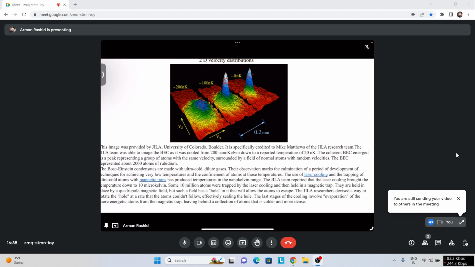They are held in place by a quadrupole magnetic field, but such a field has a hole in it that will allow atoms to escape. The JILA researchers devised a way to rotate the hole at a rate that the atoms could not follow, effectively sealing the hole. The last stage of the cooling involves evaporation of the more energetic atoms from the magnetic trap, leaving behind a collection of atoms that are colder and more dense. So this is the way in which the Bose-Einstein condensate can be formed.